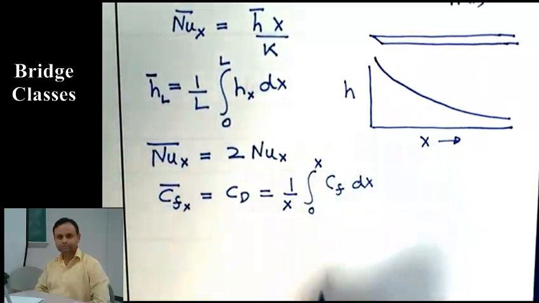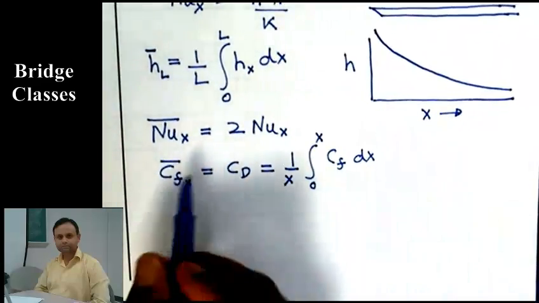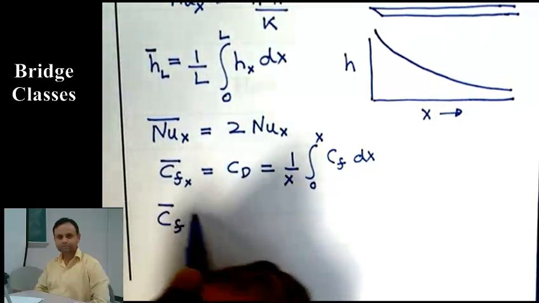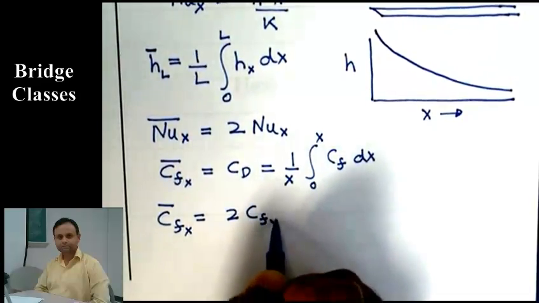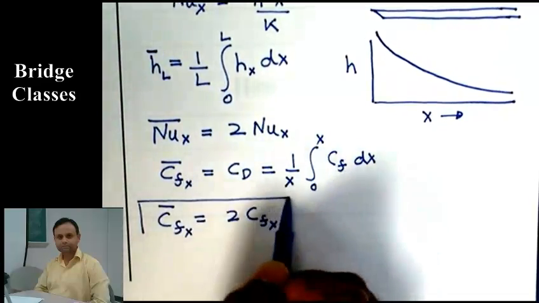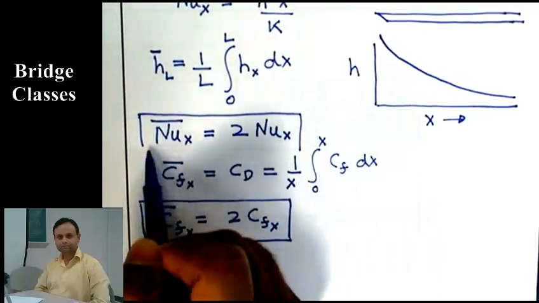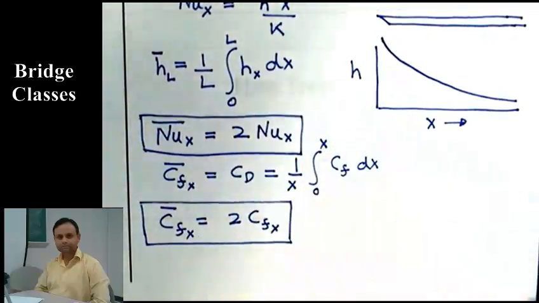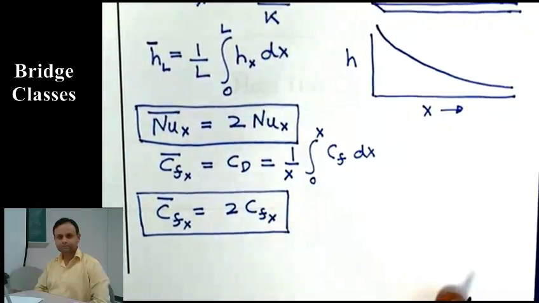That is the average up to x. And it will turn out to be twice the local. So averages are twice of local.